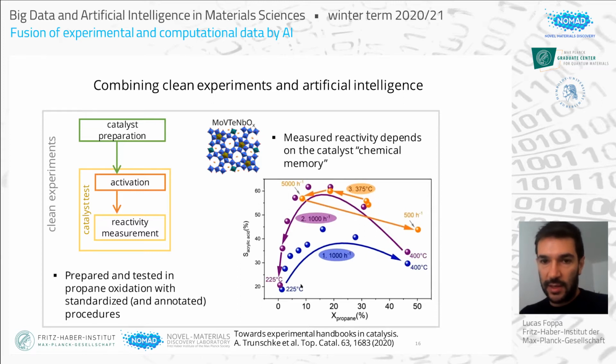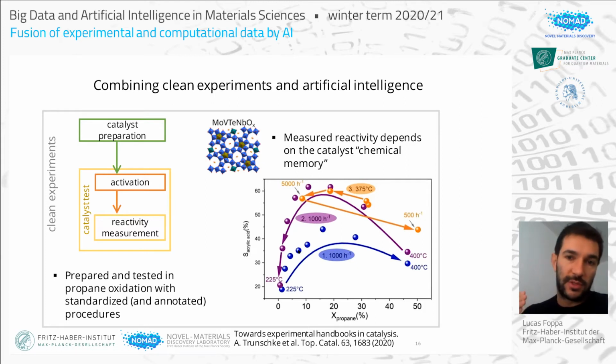If we measure the selectivity to acrylic acid, which is how much of the initial molecules are converted to acrylic acid with respect to all the products, as a function of the propane conversion, which is how much of the propane has been converted, we have different results depending on how the experiment is performed. For instance, if somebody starts measuring at this temperature, 225, and increases the temperature, and therefore the conversion, this person will get these results here in this blue line.